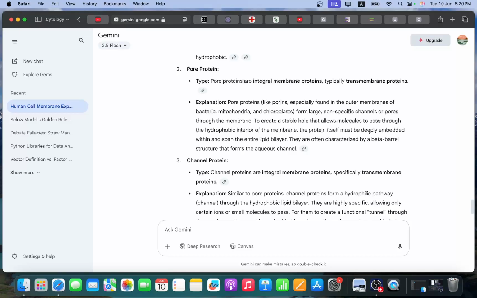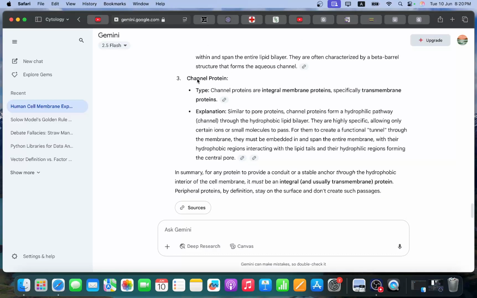The protein itself must be deeply embedded within and span the entire lipid bilayer. They're often characterized by a beta barrel structure that forms an aqueous channel. Okay.